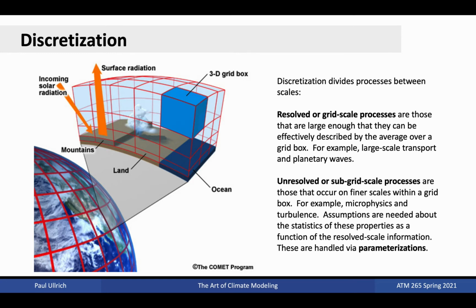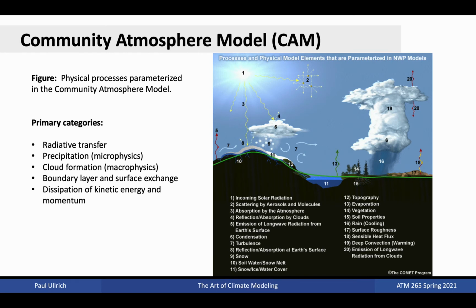In CAM, there are switches in the model that allow this parameterization to be turned on or off. In the Community Atmosphere Model, many different processes are parameterized, including those related to radiative transfer, precipitation, cloud formation, boundary layer and surface exchange, and dissipation of kinetic energy and momentum. The processes that are parameterized in a typical global atmospheric model such as CAM are shown on the right-hand side here.